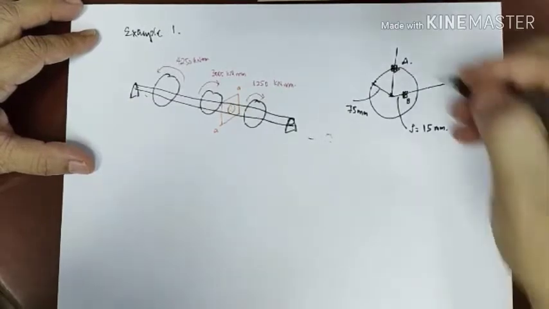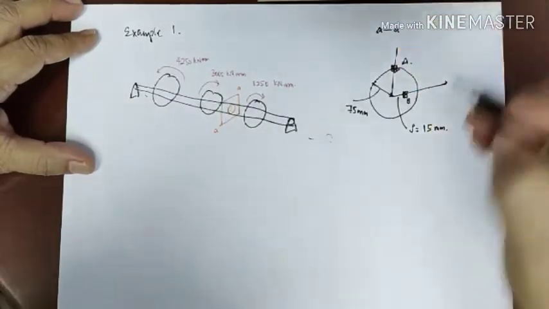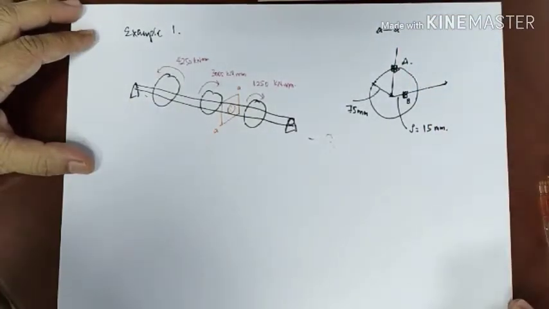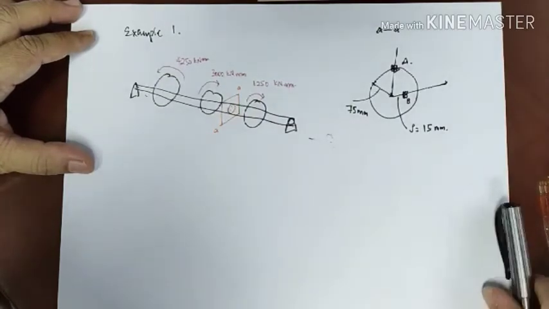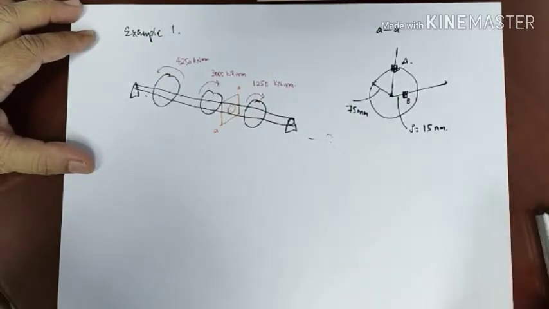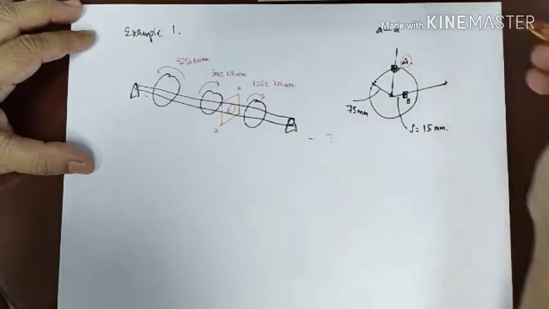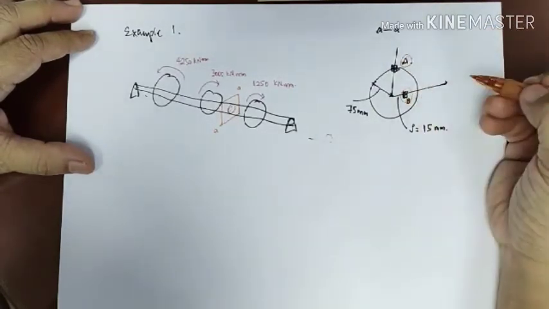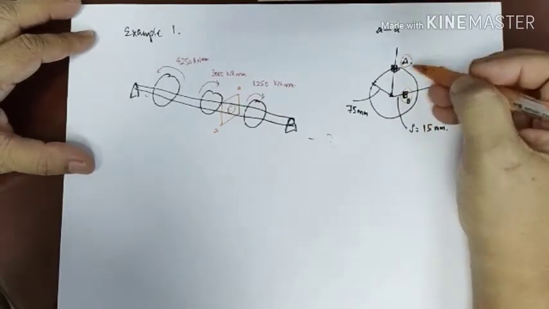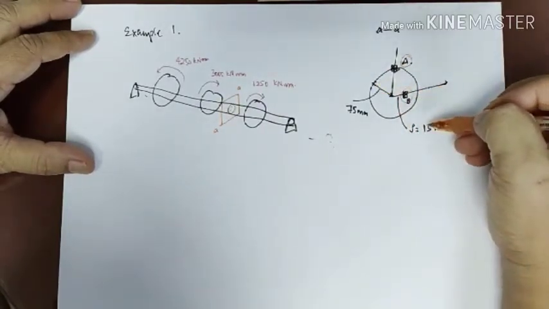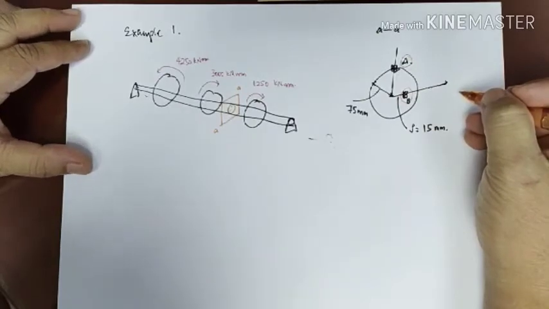What are the shear stresses developed at point A and also point B, located at 75 and 15 millimeter respectively?